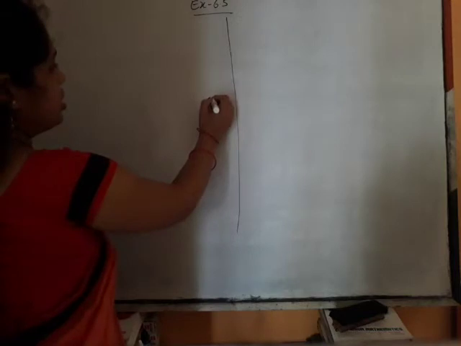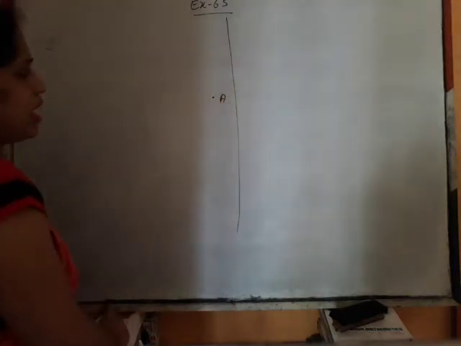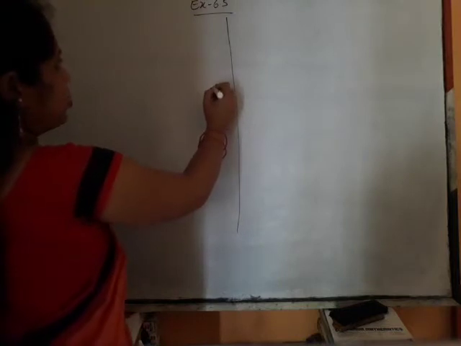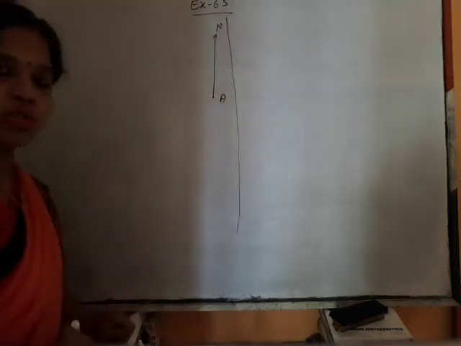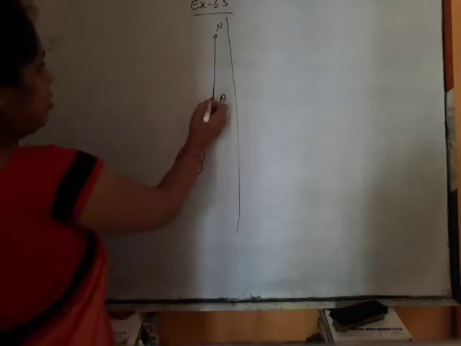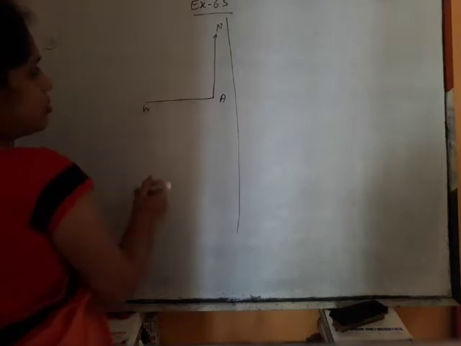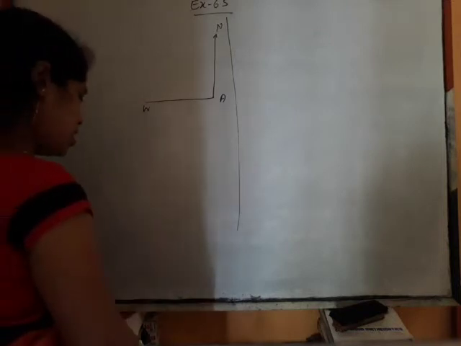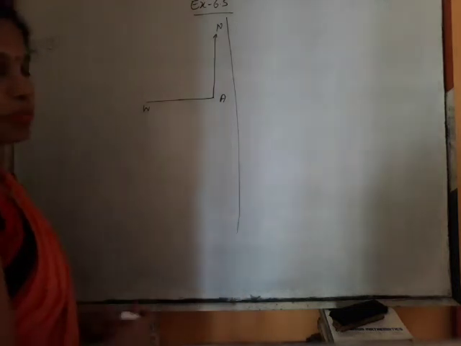Suppose this is the airport, suppose A, and one aeroplane is going in the north direction at a speed of 1000 km per hour and another aeroplane is going in the west direction at a speed of 1200 km per hour.